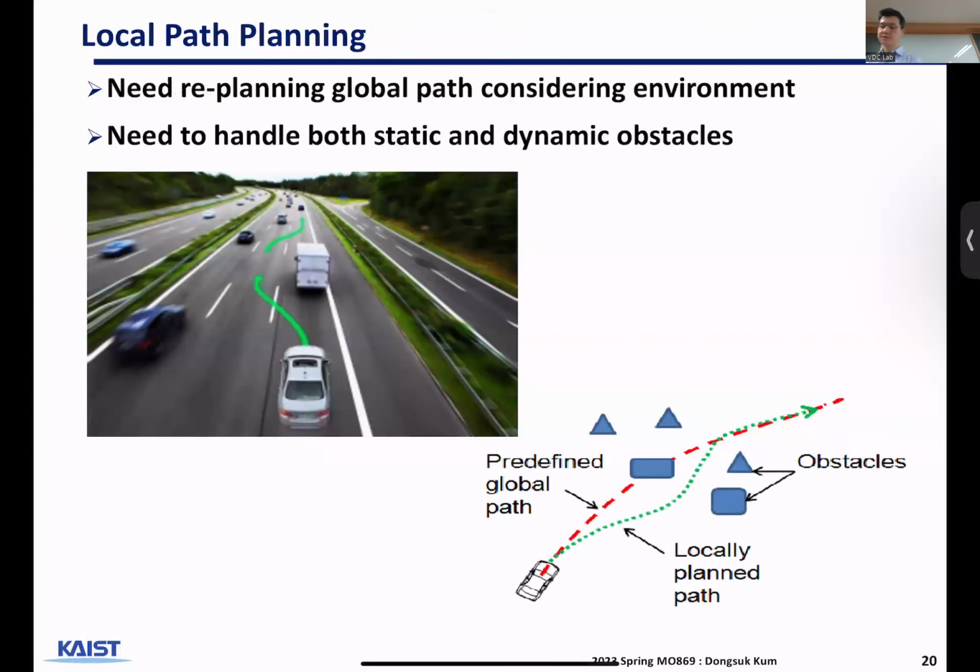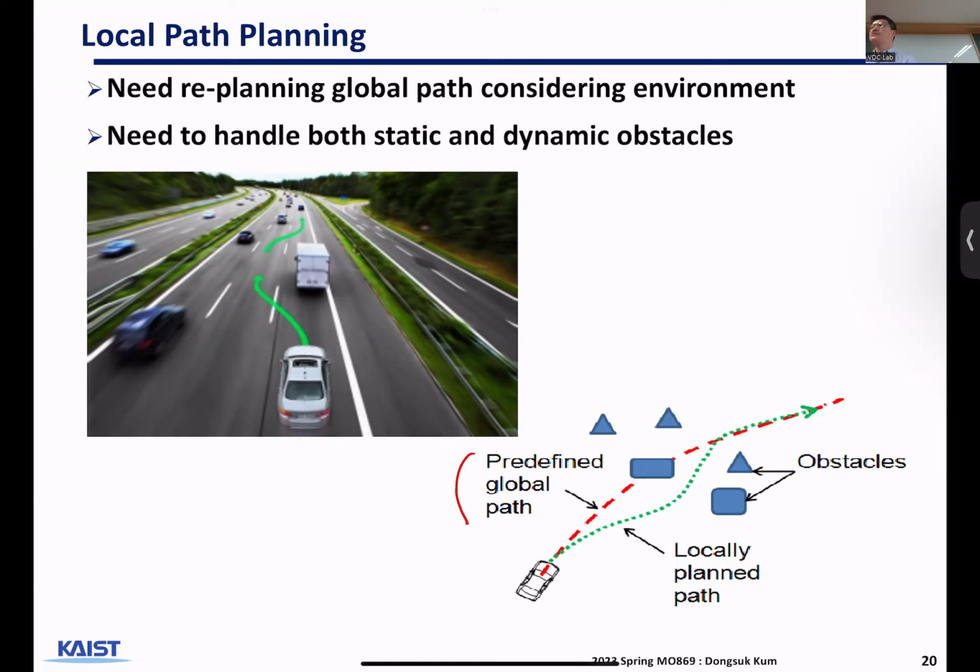So you can think of it this way. Let's say that red dashed line is the predefined global path that you computed from the global path planner. So you already have that path given to you.